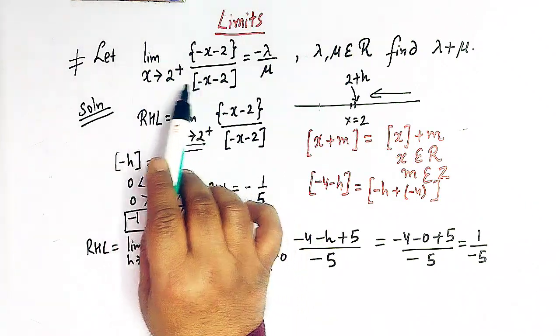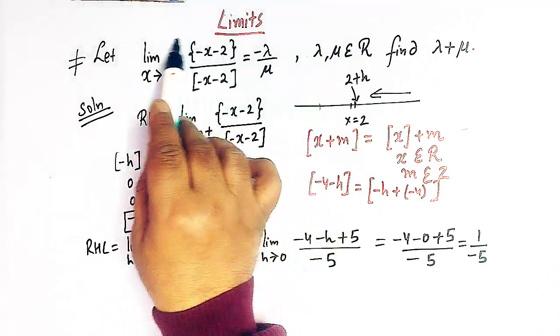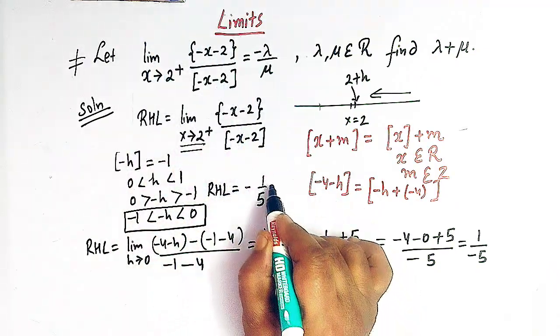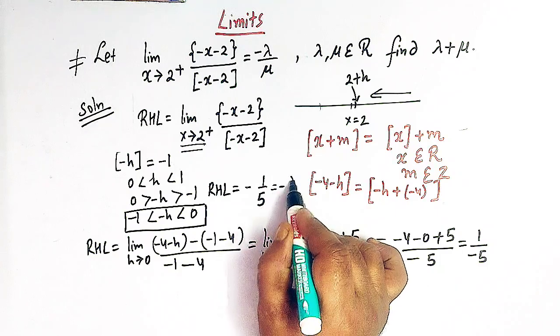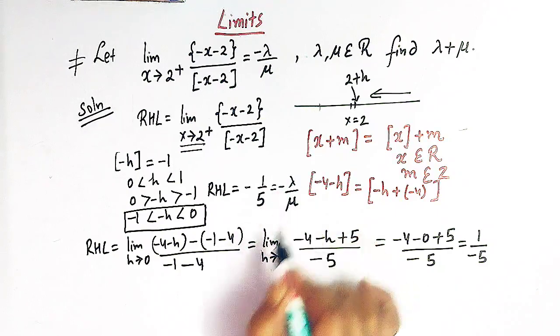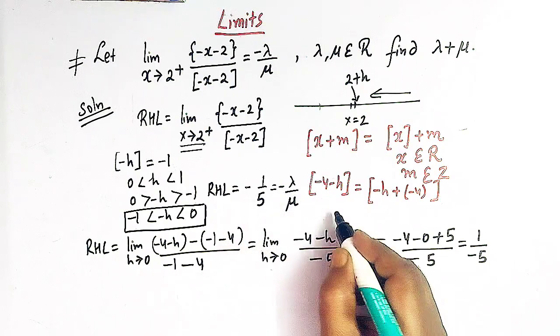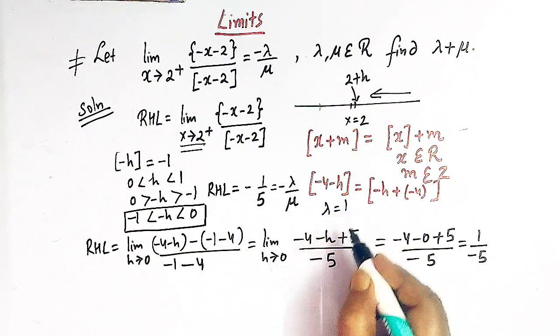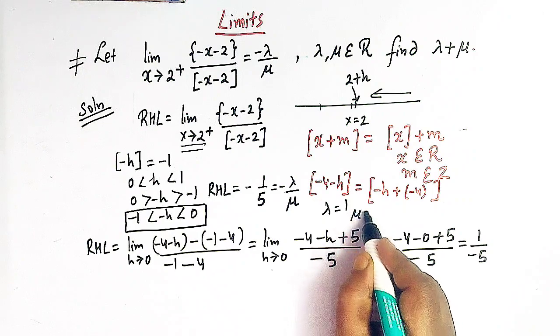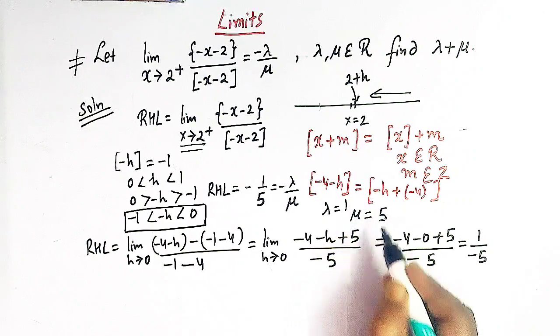In the problem we are given that this limit is equal to minus lambda over mu. If we compare both sides, we get lambda equal to 1 and mu equal to 5.